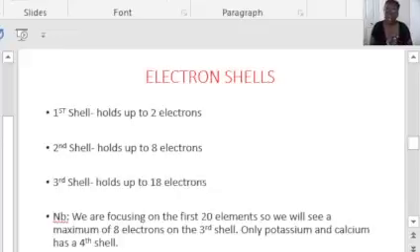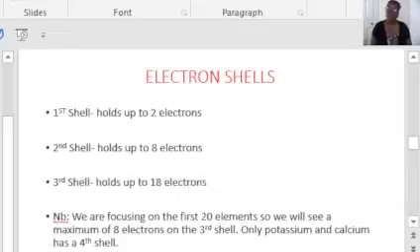The second shell now would hold up to 8 electrons. So when these are being distributed as well, they can be paired on that second shell. For the third shell now, that typically can hold up to 18 electrons. But just stick a pin right there. Remember that we are talking about the first 20 elements of the periodic table.